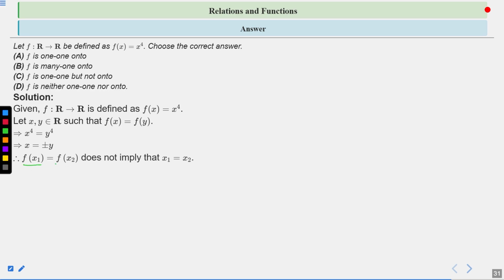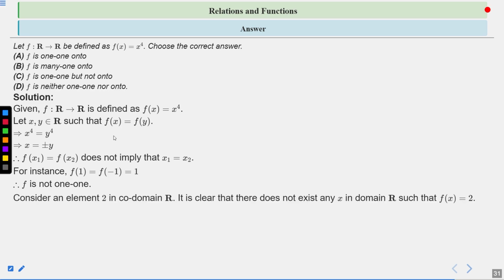Therefore, f(x1) equals f(x2) does not imply that x1 is the same as x2. For instance, if you pick inputs 1 and minus 1, the output will be the same, but the inputs are not. So it is not one-one. When for two distinct inputs the output is the same, you will immediately say your given function is not one-one.